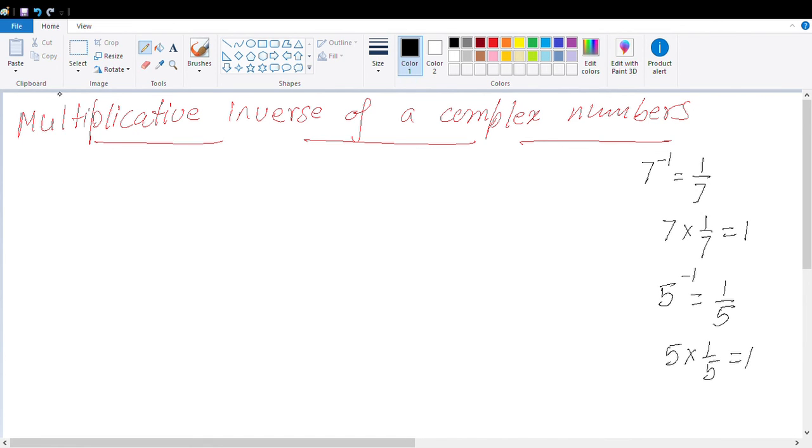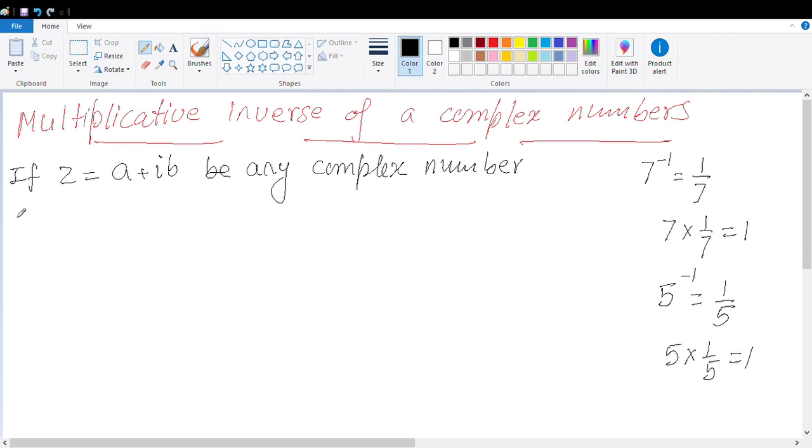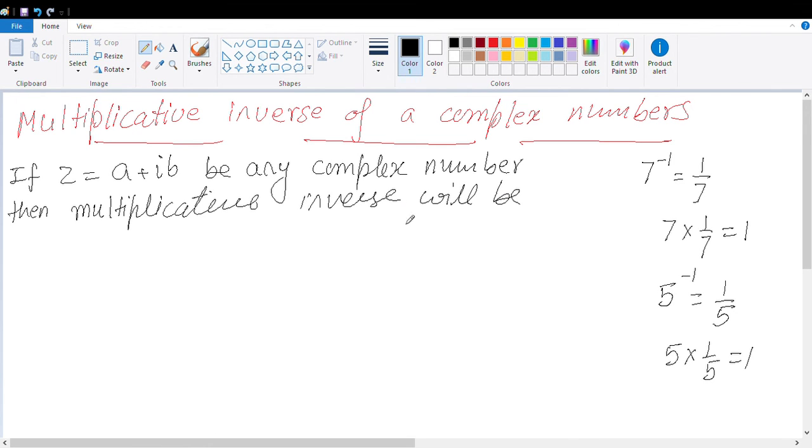Same is here. So if z is equal to a plus ib, be any complex number, then its multiplicative inverse will be z inverse.